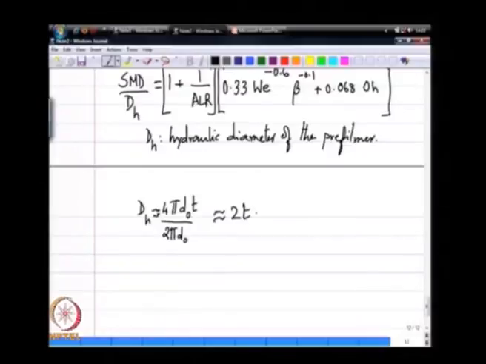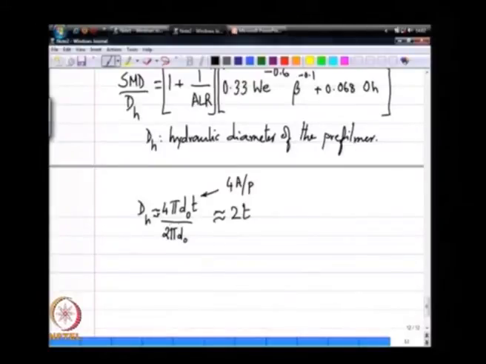The hydraulic diameter is approximately equal to 2 times T. So, this is essentially 4 times area divided by perimeter. For a circle, dH would exactly be equal to the diameter of the circle. The numerator here is 4 times the cross sectional area available to the fluid flow, which is pi d 0 times T, the thickness of the pre-filmer.